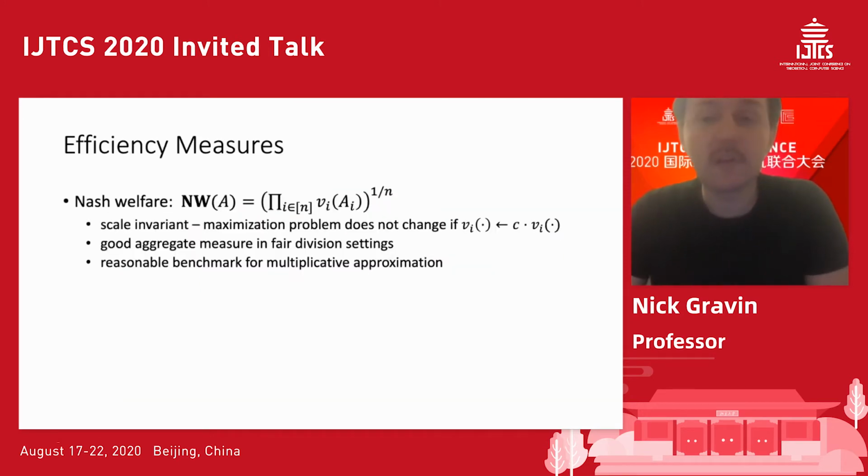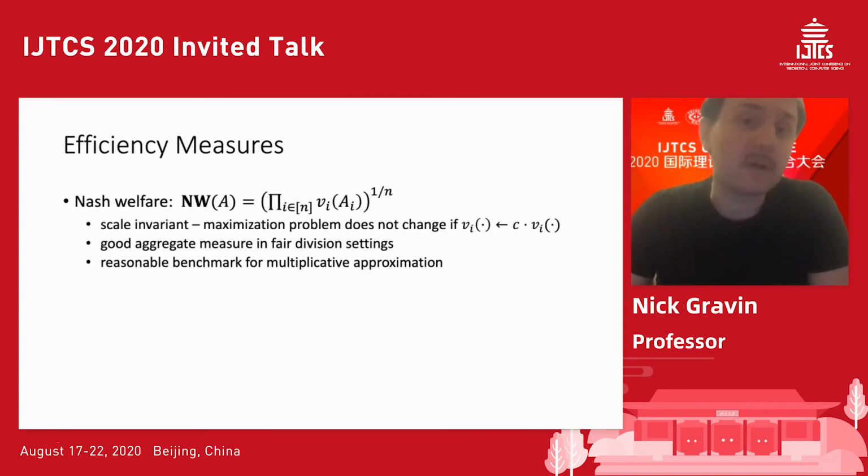Okay, so we talked about different solution concepts for fairness, what fair means. But besides fairness, we often care about the efficiency of allocations. As I mentioned before, there are quite nice measures such as Nash welfare, which is the geometric average of the agents' valuations.